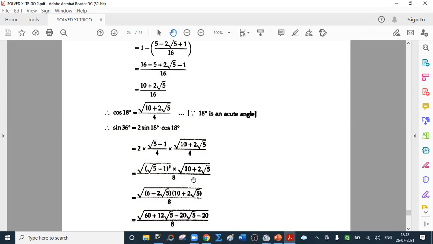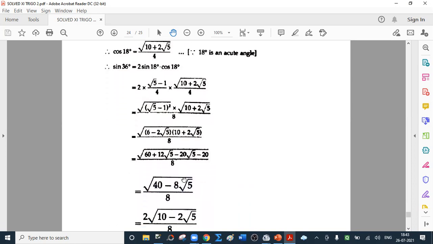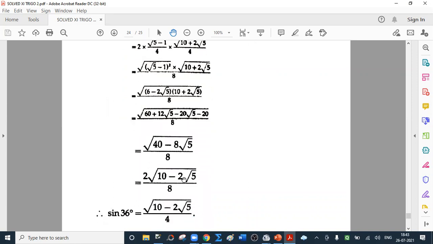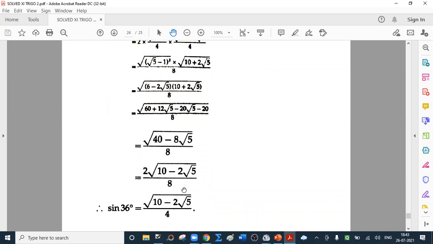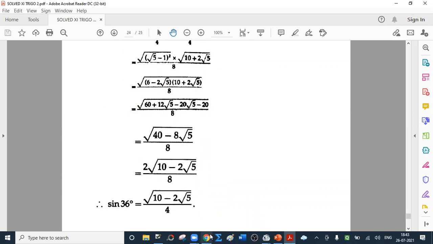Why write like this? Because this expression is under a radical sign. So open all the brackets and you will notice that sine 36 degree is root of 10 minus 2 root 5 upon 4. So this is about sum number 25.